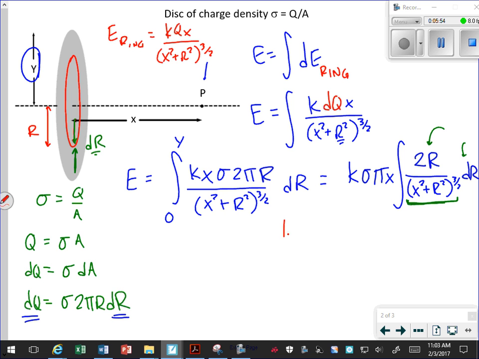I'm going to let u equal that whole bottom thing, x squared plus r squared. Then du dr is, well, the x squared just goes away, it's just a number, and then we get 2r. Therefore du is 2r dr.